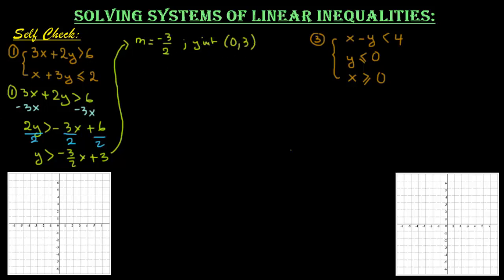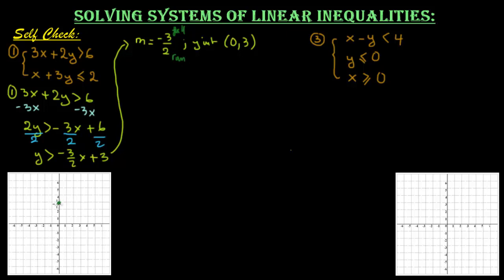We will use this to graph the first linear inequality. We start at the y-intercept, which is (0, 3). With a slope of negative 3 over 2, we use rise over run. Since it's negative 3, we fall down 3 units and go to the right 2 units.